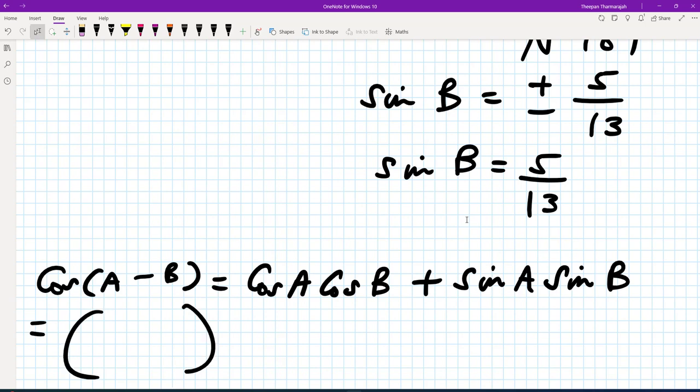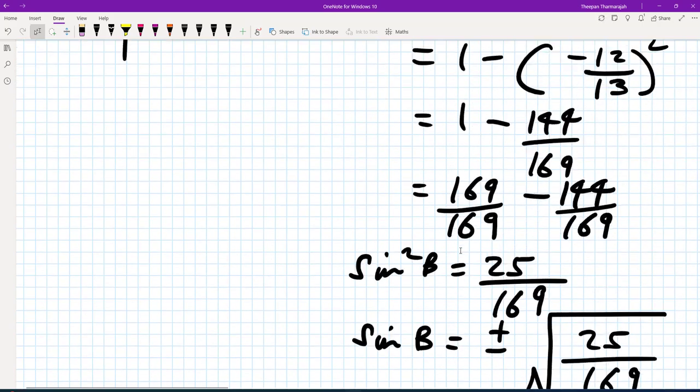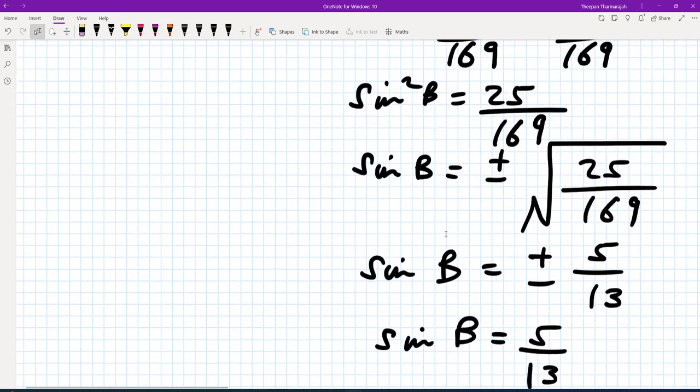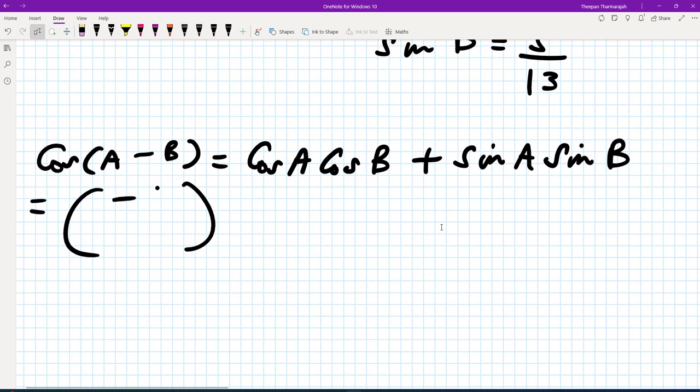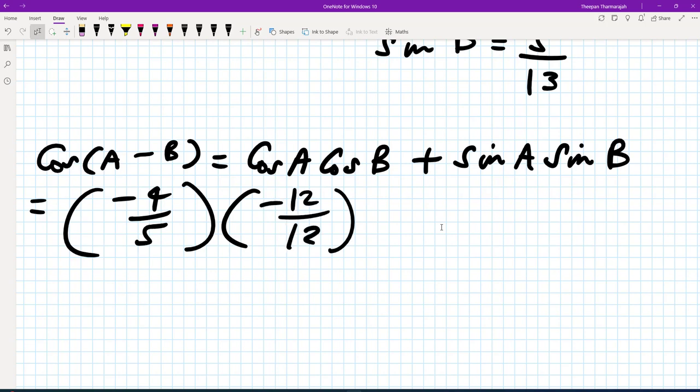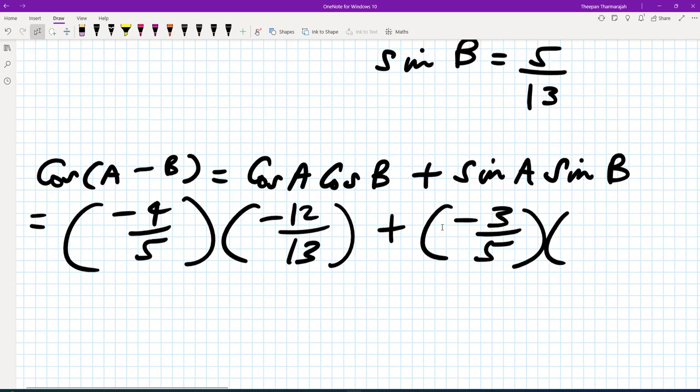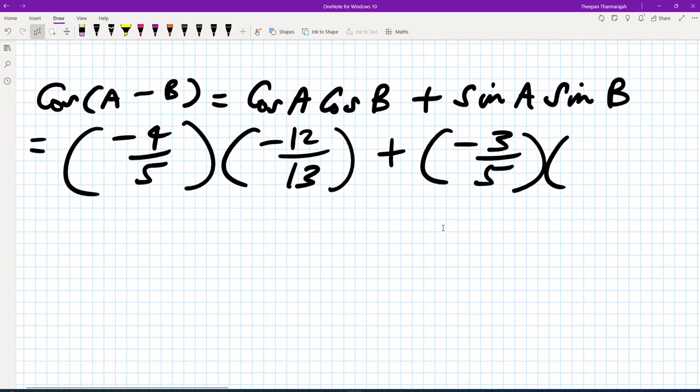We know that the value for cos A we worked out was minus 4/5. And we know that the value for cos B, they've told us, is minus 12 over 13. We know that sine A is minus 3 over 5. And we just worked out sine B, which is positive 5 over 13. And if we were to do that on your calculator, you will get 33 over 65.